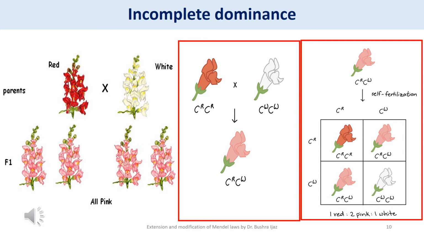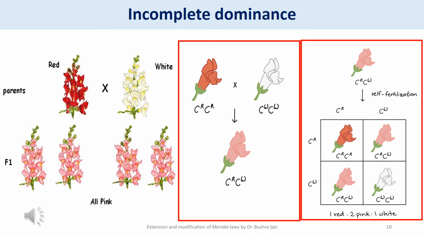When we look at the genes of these two true-breeding parent plants, you can see that capital C with a superscript capital R represents the allele for the dominant red color.